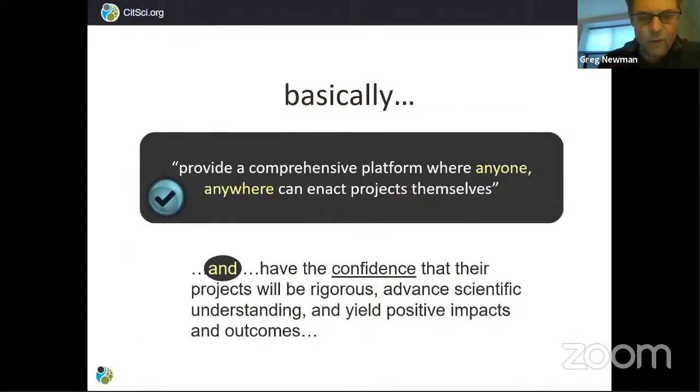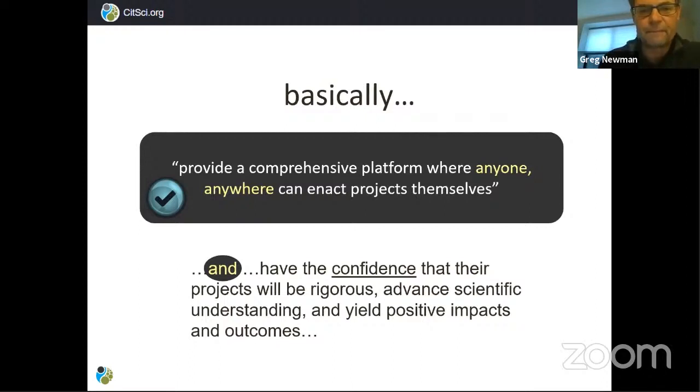So basically our goal is to provide a comprehensive support platform where anyone, anywhere can co-create and enact citizen science projects themselves and have the confidence that these projects will generate rigorous data, advancing scientific understanding and yielding positive impacts for society.